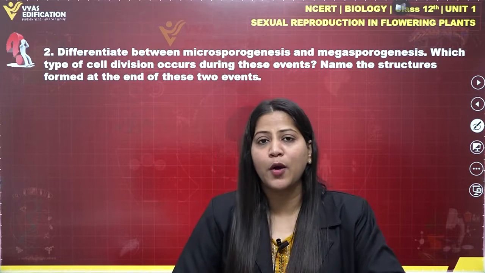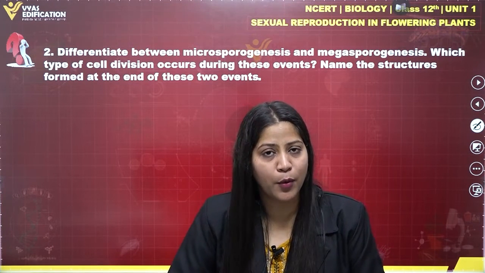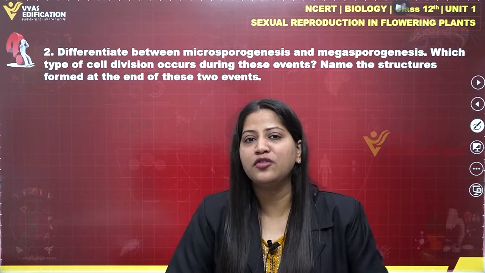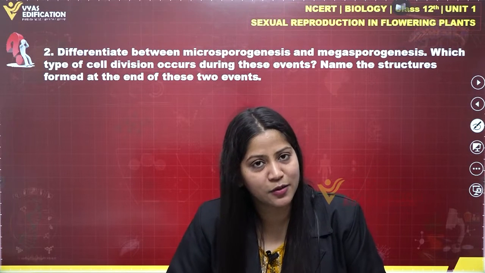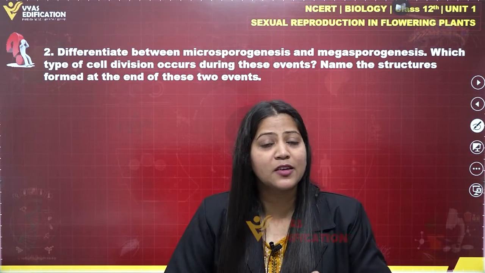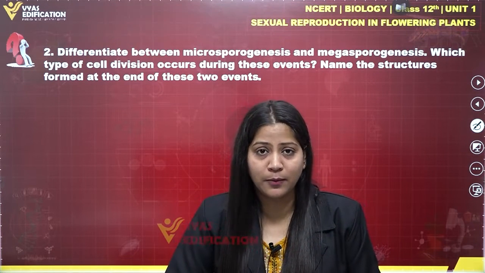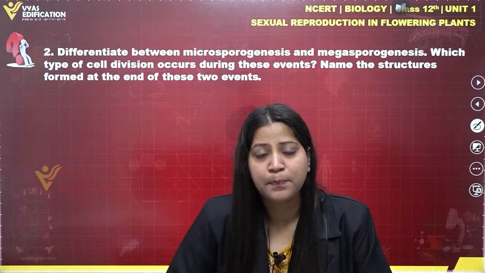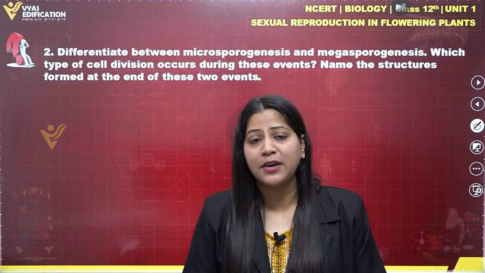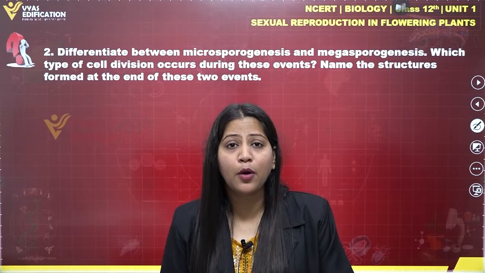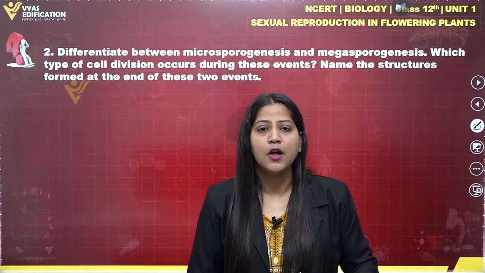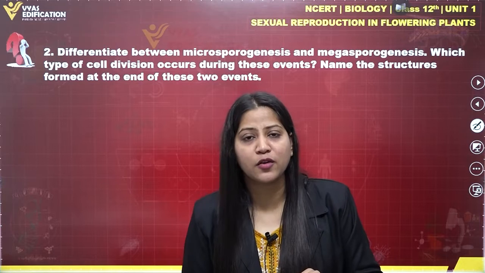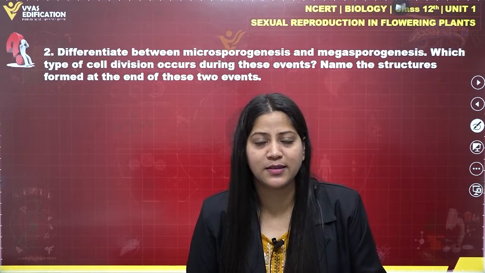So this whole process is known as microsporogenesis. In case of megasporogenesis, the formation of megaspore takes place. What is the megaspore? That megaspore is the embryo sac. This embryo sac is going to develop from the diploid megaspore mother cell. So this is the difference between microsporogenesis and megasporogenesis.